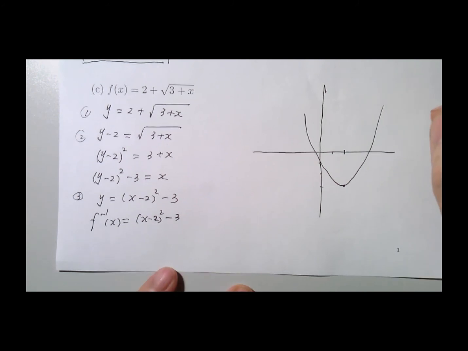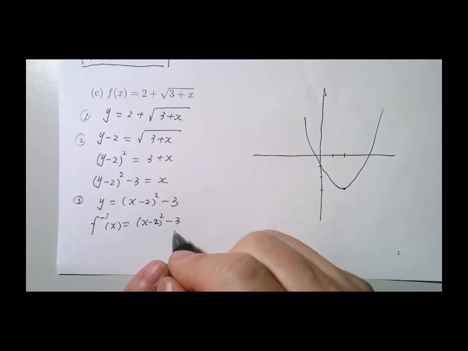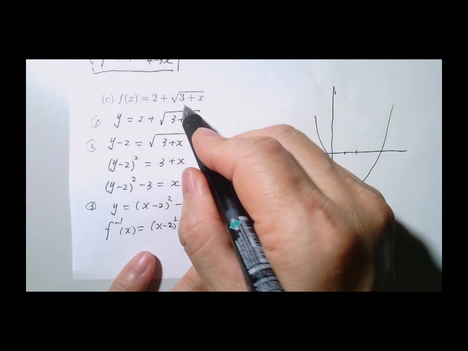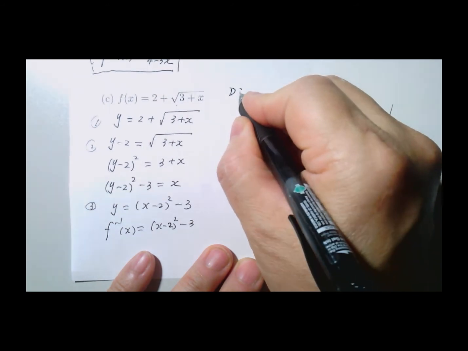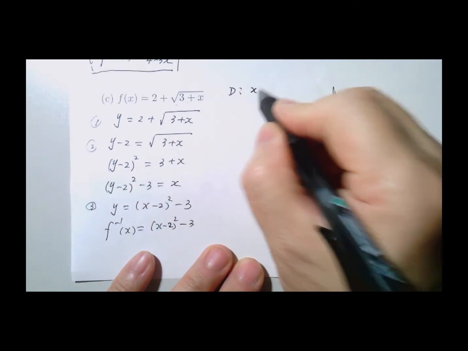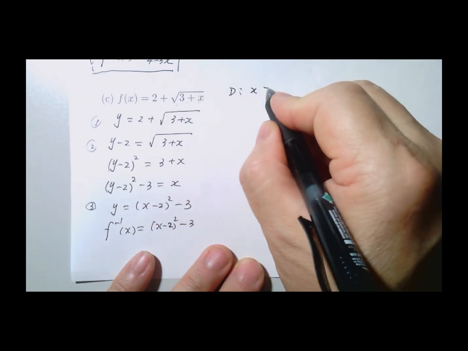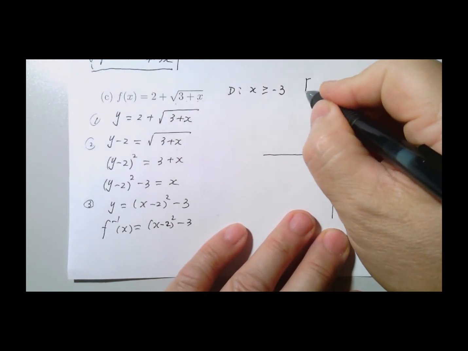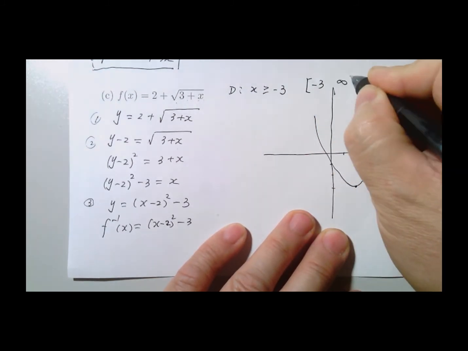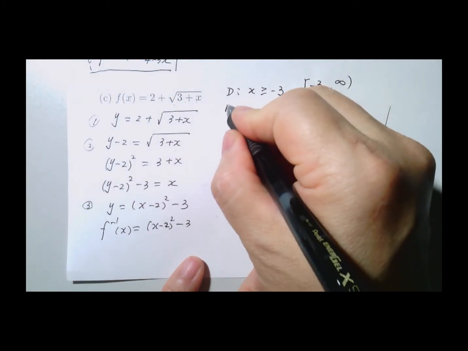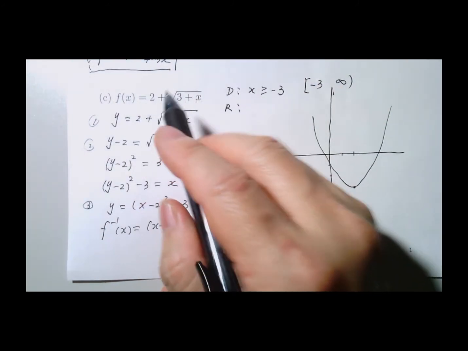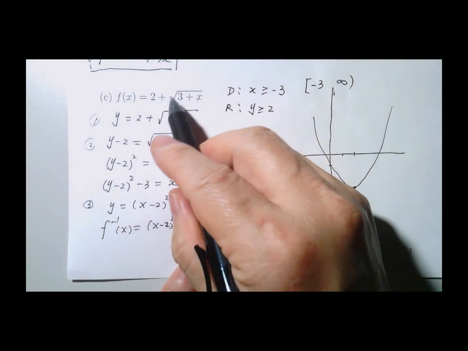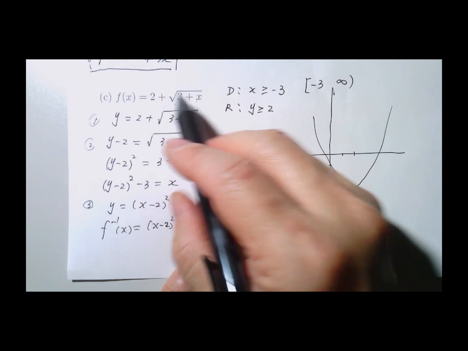Now we have to indicate its domain and range. Look here, for the original function, its domain is x must be greater than or equal to negative 3, or in other words, negative 3 to infinity. And the range for this function is simply y greater than or equal to 2, because the square root is greater than or equal to 0, plus 2, so greater than or equal to 2.